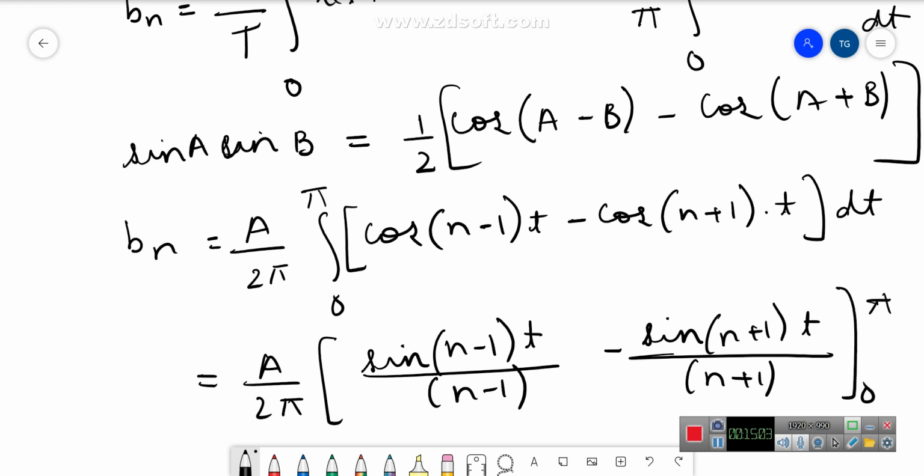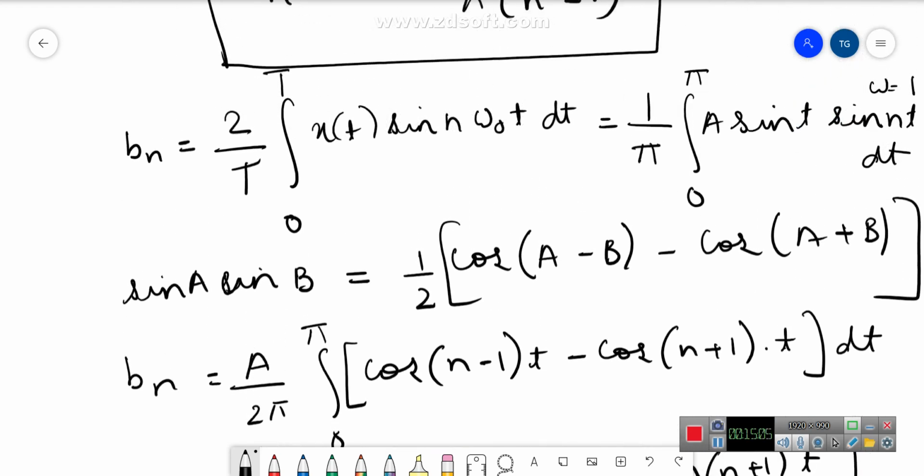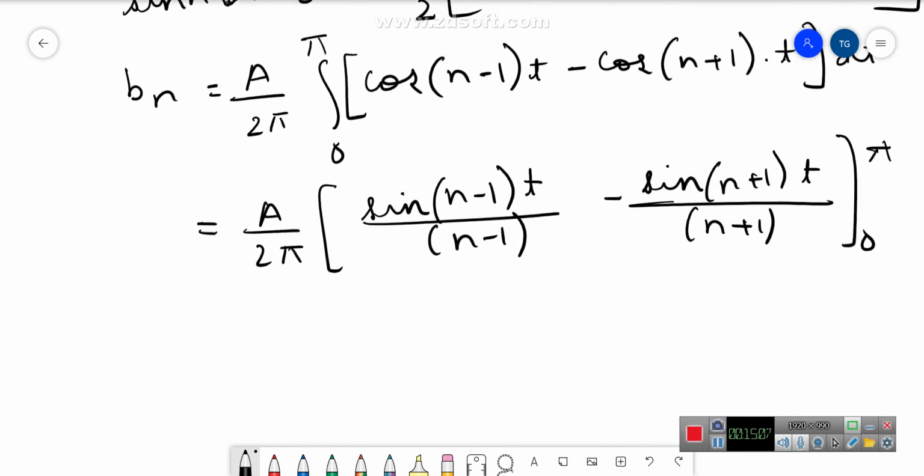over 0 to pi. So when we substitute this, except for n equals 1, because when n equals 1, this will make it 0. Over here also, if n equals 1, this will be equal to 0, and here it will be equal to 2.